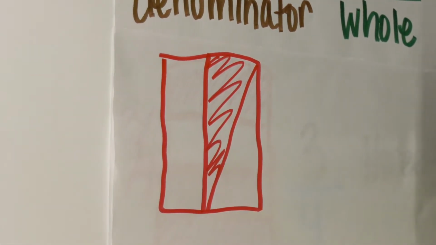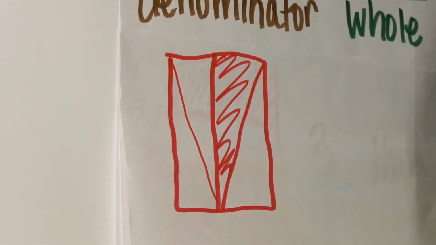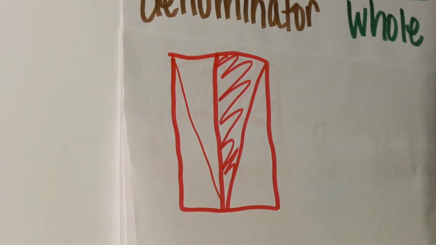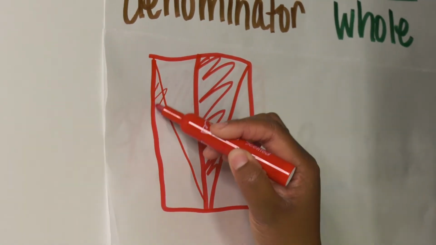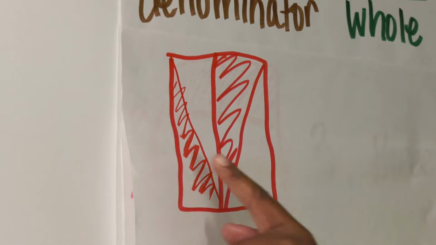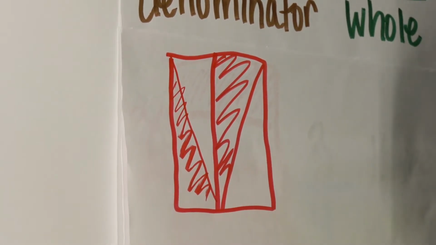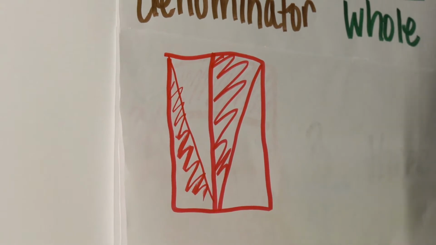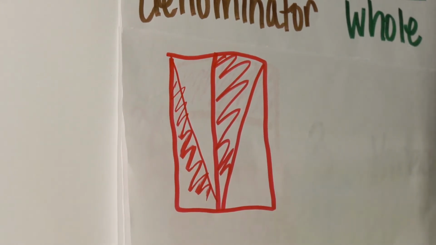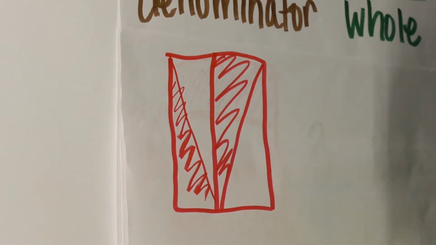Now if I split it like that, now we have 4 equal pieces. So whenever you write a fraction, this will be considered 2/4. You have to remember whatever you're looking at has to be equally split. You cannot write a fraction for an image that has unequal parts.